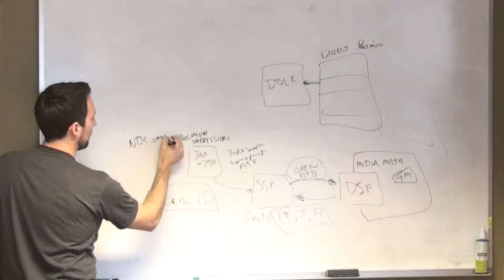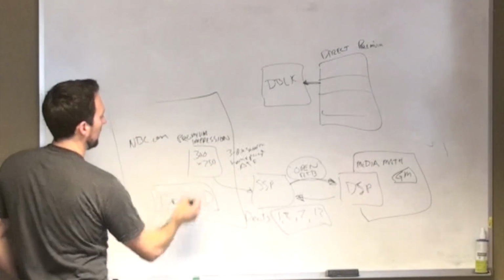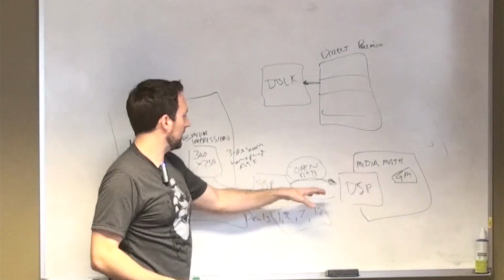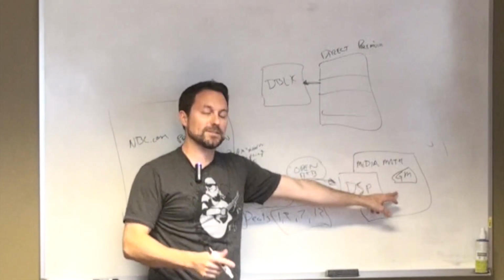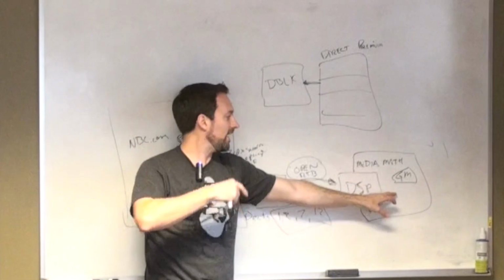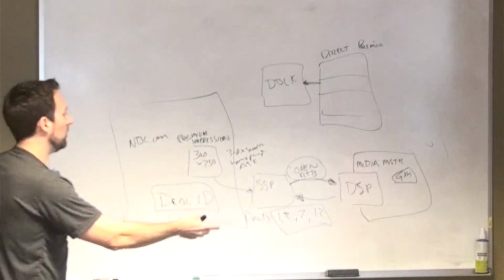I'm just using things that are familiar to me. NBC.com's 300 by 250 gets to an SSP, the deal ID gets passed over here. MediaMath says, oh, I recognize that deal. I have campaigns queued up for that. Here you go.